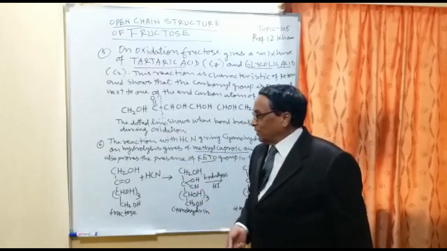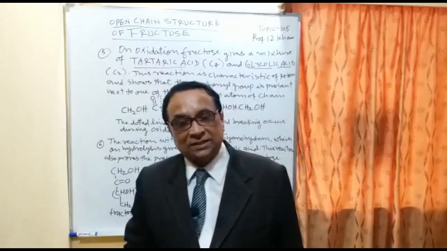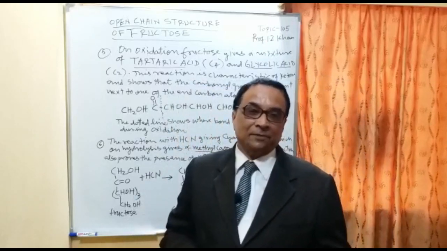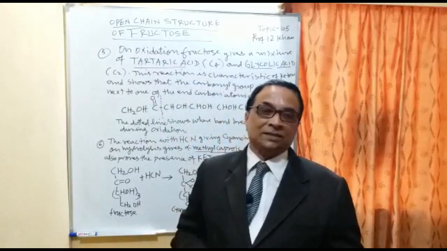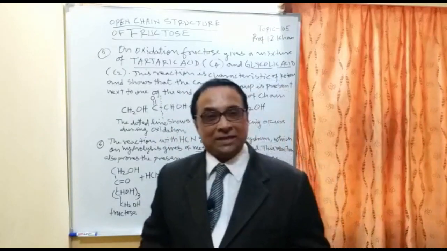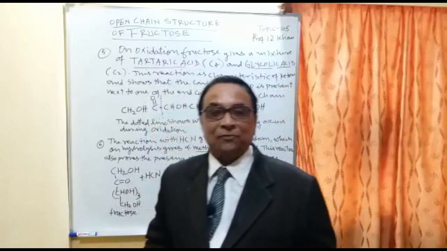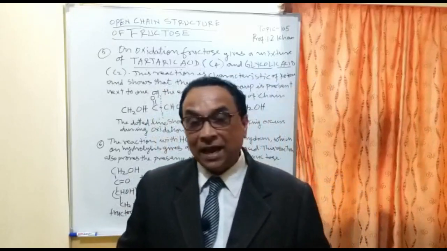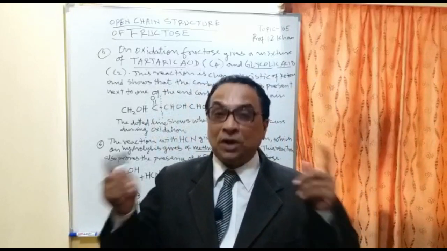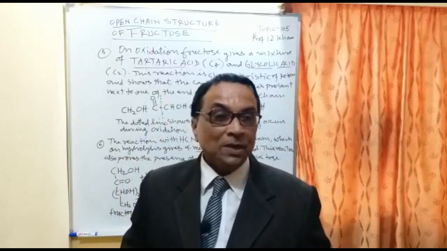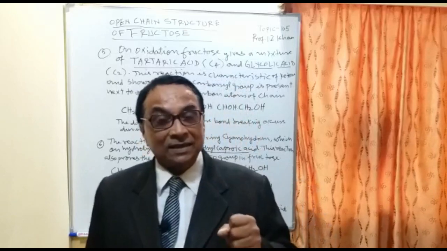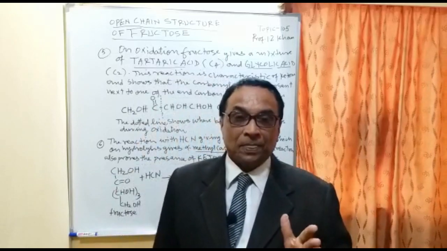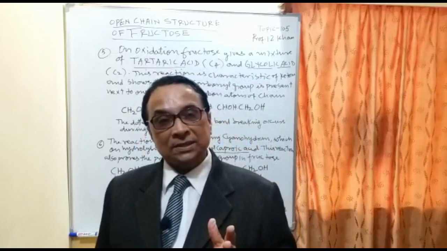Number 6. When fructose is treated with hydrogen cyanide, cyanohydrin will be formed, and finally on hydrolysis in the presence of hydroiodic acid, it gives alpha methyl caproic acid, and alpha methyl caproic acid is only possible when there is a keto group. So this is again one of the confirmatory reactions to confirm that fructose contains a keto group.